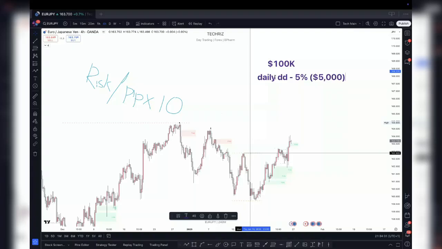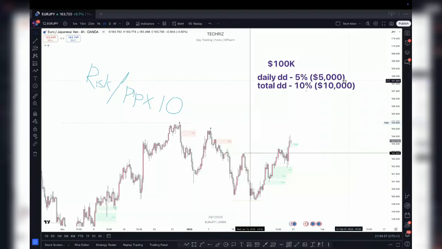And then the total DD is 10%, which is $10,000. Right? Now, if you lose more than $5,000 in a day, you've lost the account.